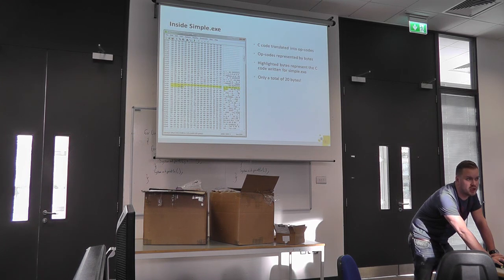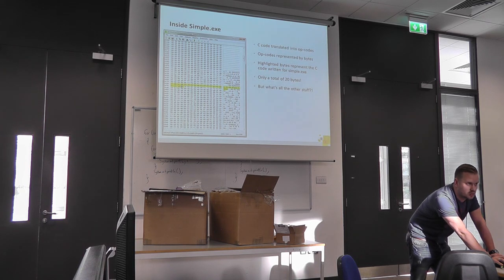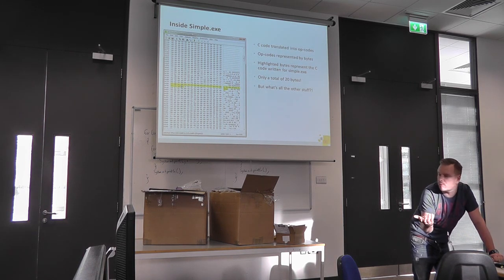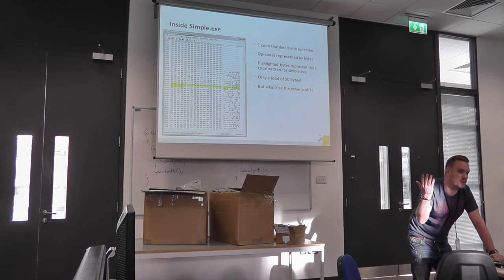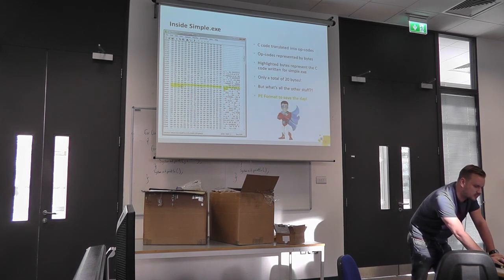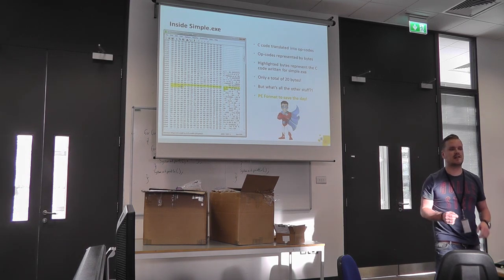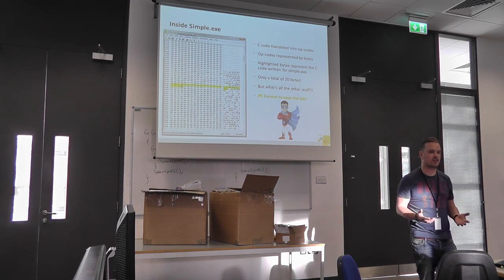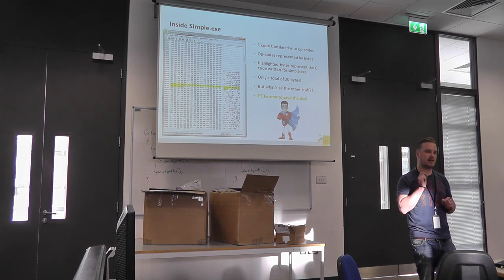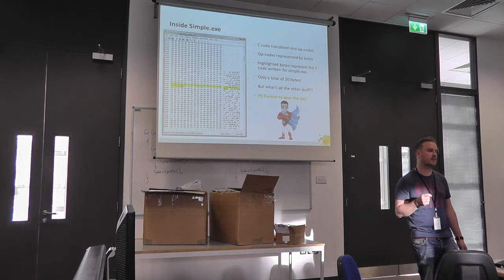That's the only bit of code in the file that was generated from Visual Studio. So the question is, what is all the rest of the stuff you see when you open the executable file? This is what the PE format is. By understanding the PE format, you understand how the file is structured and can pick out the most important parts you'll need to look at for reverse engineering.